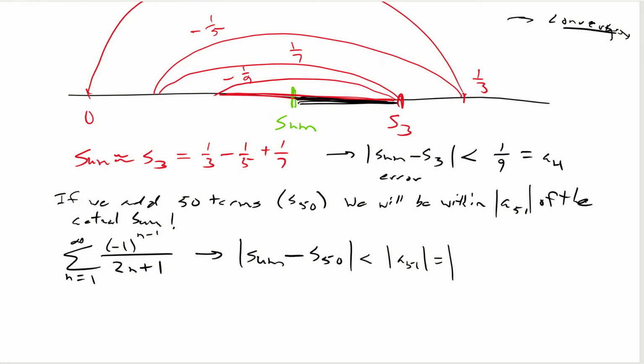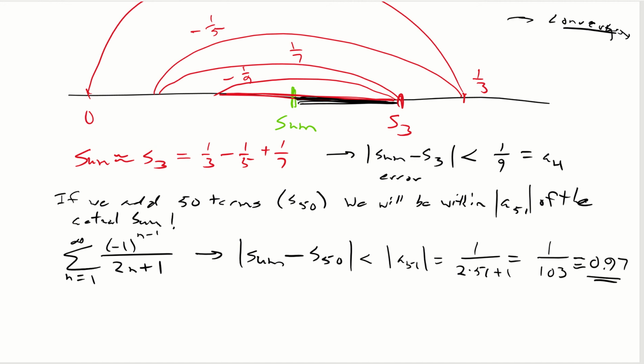I'm going to ignore the negative and simply go 1 over 2 times 50 plus 1, the very next term, which turns out to be 1 over 103, which is 0.97 roughly.